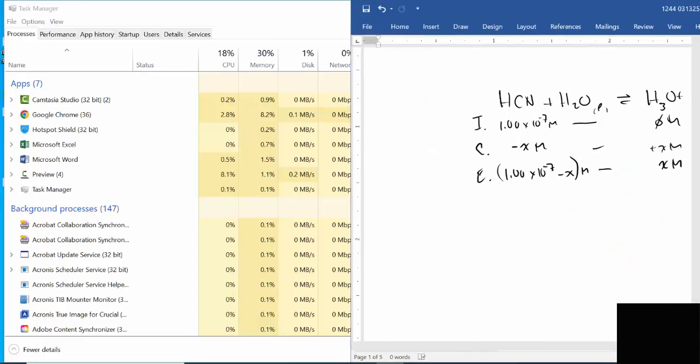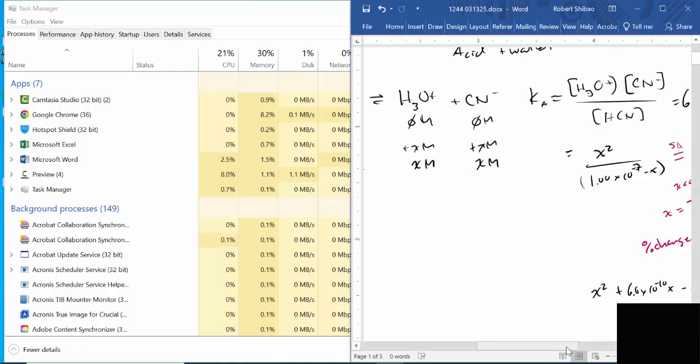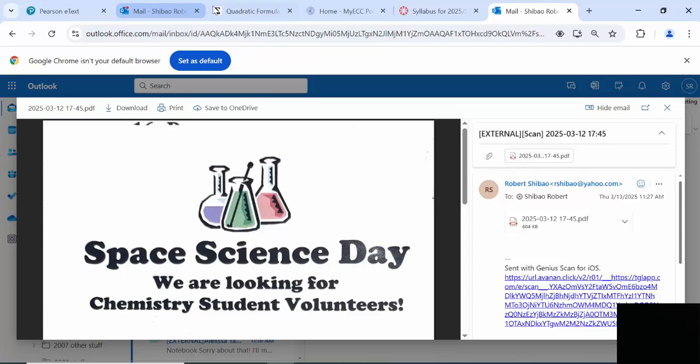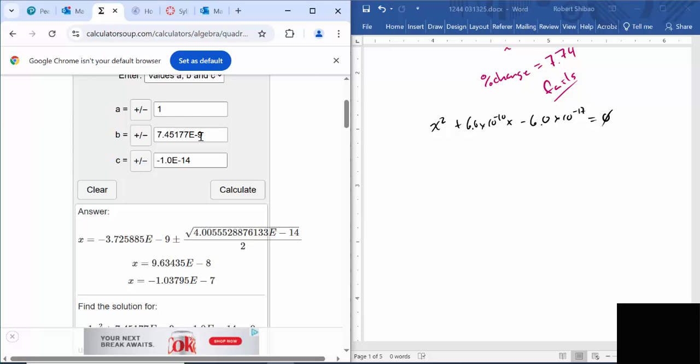All right, so we'll go to the quadratic equation solver, and I'm just going to plug in the values here. A is 1, B is 6 times 10 to the minus 10, so it's 6e minus 10. C is minus 6 times 10 to the minus 17, so I'll do minus 6e minus 17. Okay, and then calculate that.